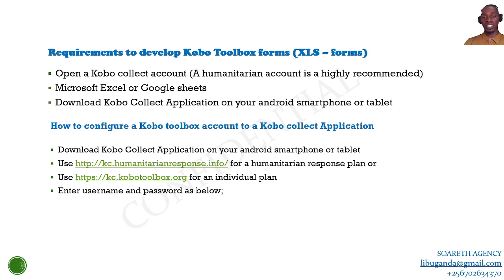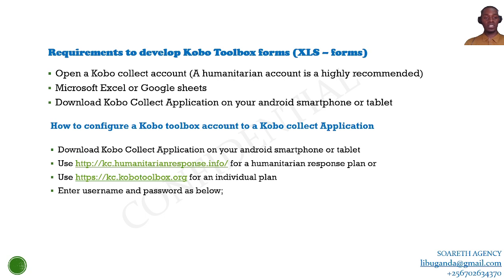We usually recommend a humanitarian plan because it offers more space and a higher limit of submissions, which is significantly better. And for organizations that are not really big, it can even work for them as long as they don't have too much data coming in at a time. And then you also need a Kobo Collect application on your Android smartphone or tablet. Once you have those three, we are able to develop a form and go to the field and collect data.